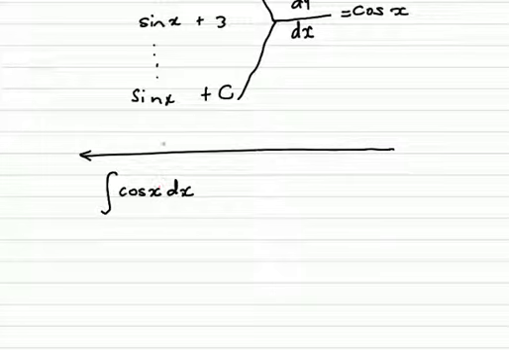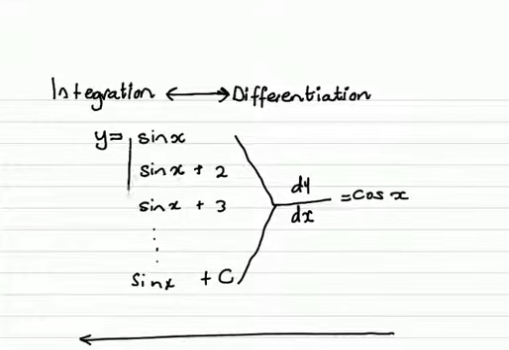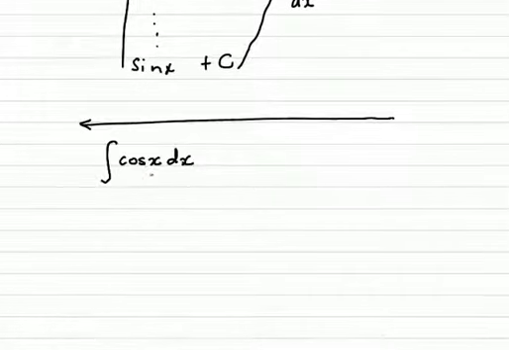In this case, if we look at this column of functions here, we cannot precisely say whether it was sine x, whether it was sine x plus 2, or sine x plus 3, or sine x plus any constant c. So if we were to answer this, we would say the function that was differentiated to get this derivative under the integral sign is equal to sine x plus c.